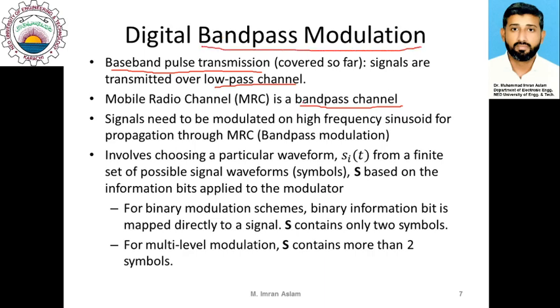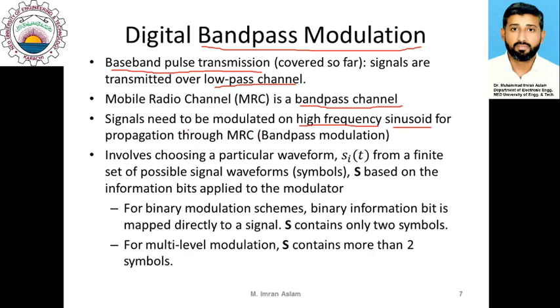So for digital band pass modulation, we need to translate the signal to a higher frequency, and in order to do that, we need a sinusoidal carrier so that we modulate the signal onto the high frequency sinusoidal carrier in order to get propagation through the mobile radio channel.